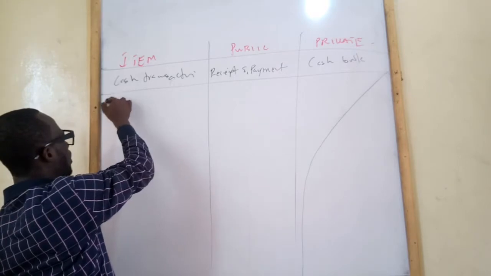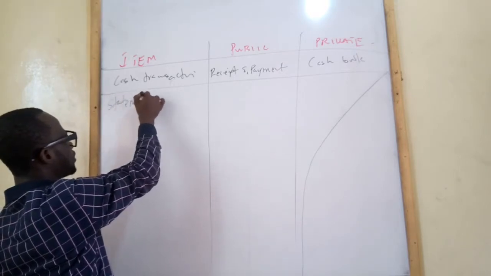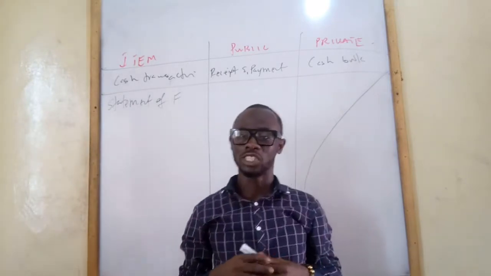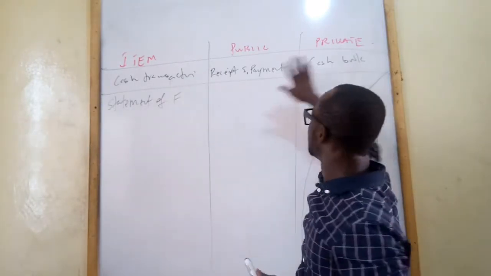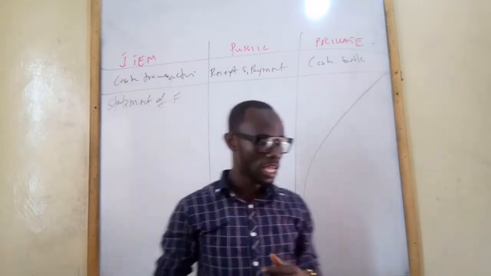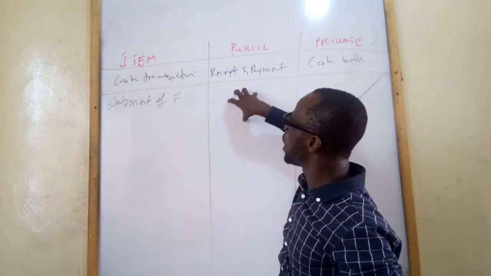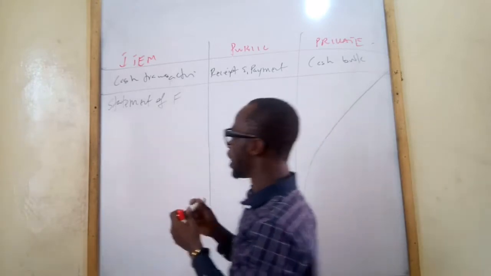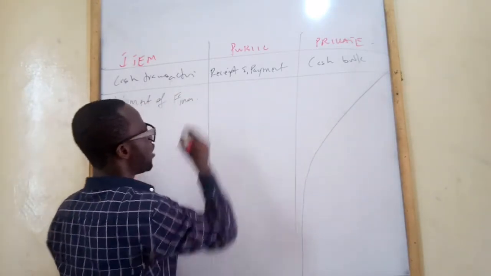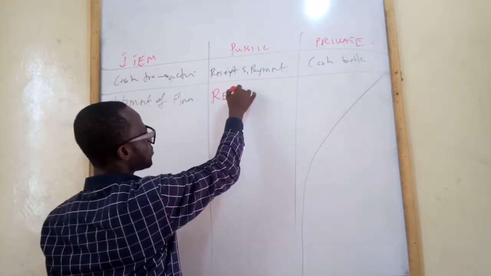statements, we have what we call the statement of financial performance, which is the same as the income statement, and the statement of financial performance also in the private sector. But under the public sector, the statement of financial performance records the revenue and expenditure.